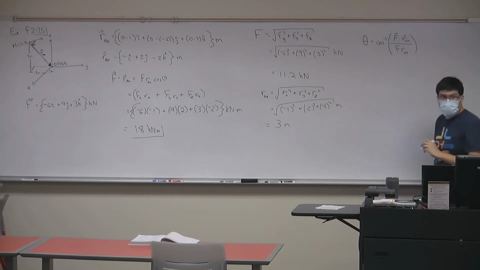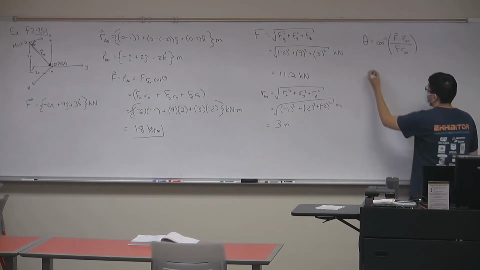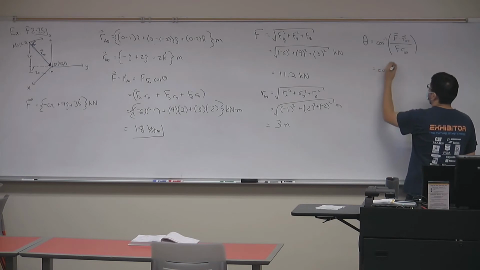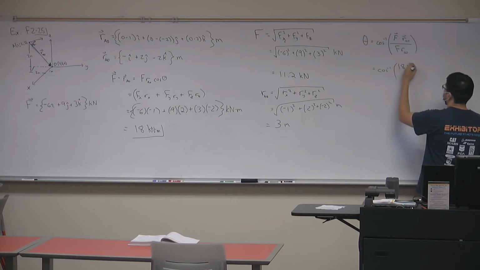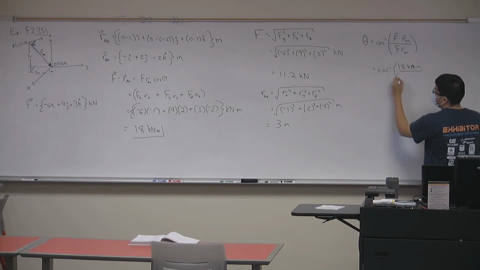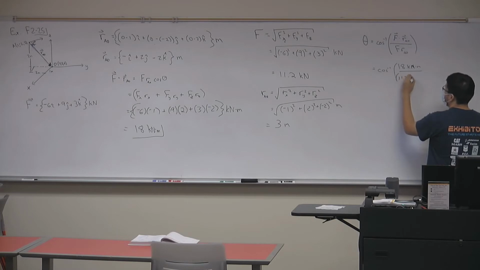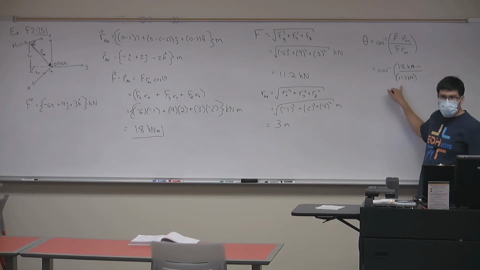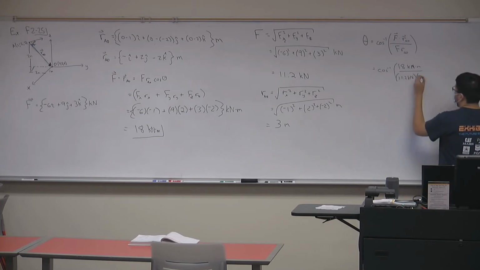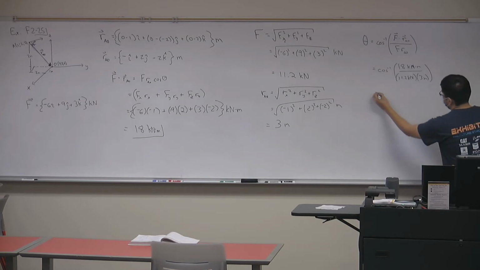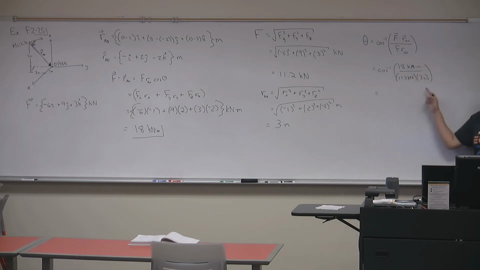Like this? Okay. So we've got inverse cosine of 18 kilonewtons times meters divided by 11.2 kilonewtons. If you have it on your calculator, then don't round, right? Use the number from your calculator. Well, I don't, so I'm just going to round. Times 3 meters. What happens to the units here?